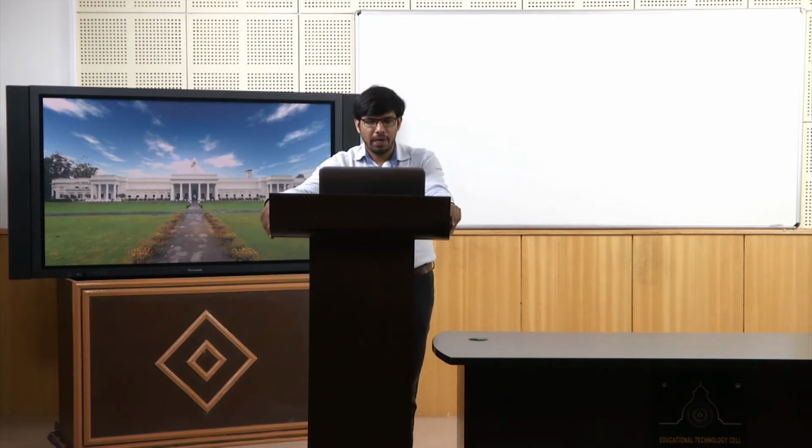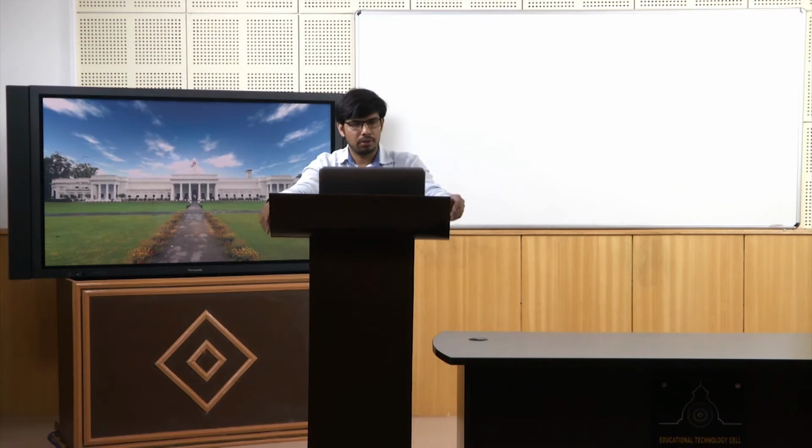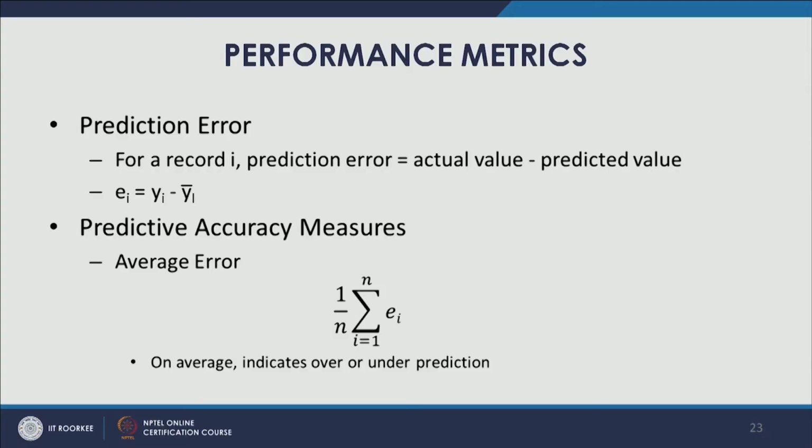The difference between the actual value and the predicted value is defined as the prediction error. So prediction error for a particular record is the actual value minus the predicted value. It can be denoted mathematically as e_i = y_i − ŷ_i.